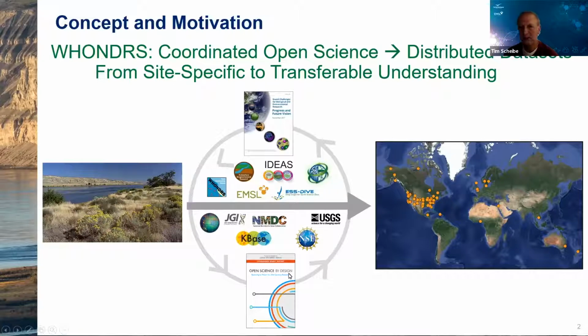There's an Open Science by Design workshop that was done by the National Academy. There's also an Open Watersheds by Design workshop that came out of the Department of Energy that James and others here co-led. And so we've been thinking about how to take the understanding that we've learned individually at a number of sites and put that together to gain understanding at basin scales, continental scales, global scales.